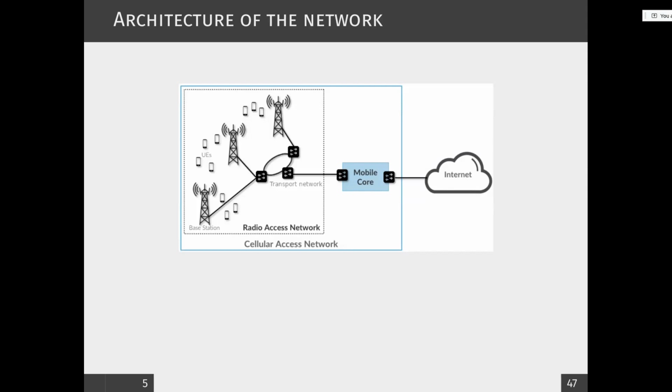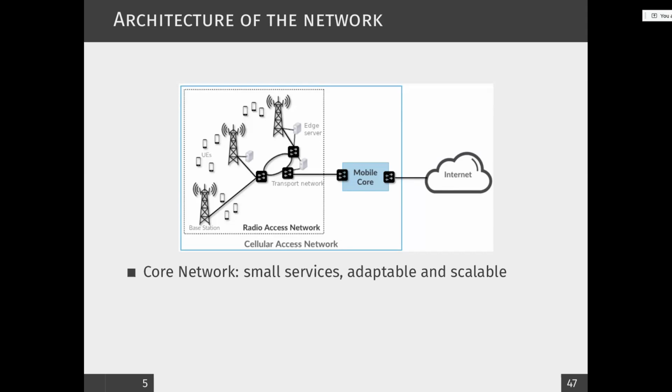And then the core network can provide services, provide an interface to the internet where you can have services available. The main difference from what has been considered in the past and what we consider in this thesis is that we add those edge servers. So we have servers close to the users that can enable us to sell them some services at the edge, so with lower delay.